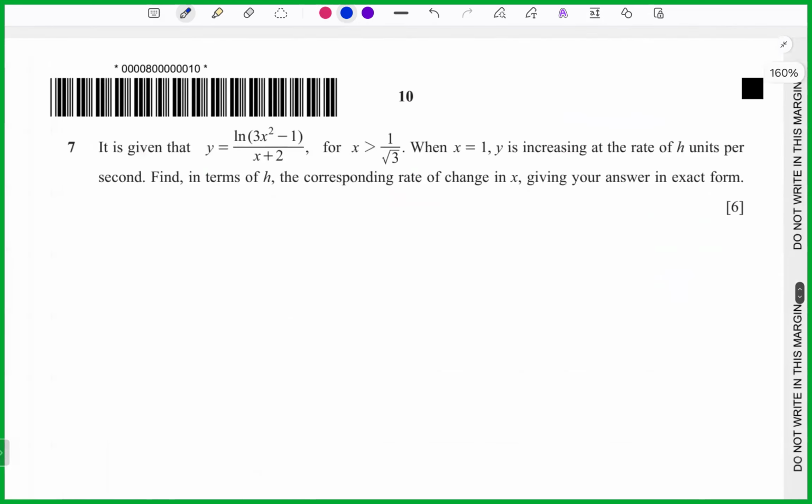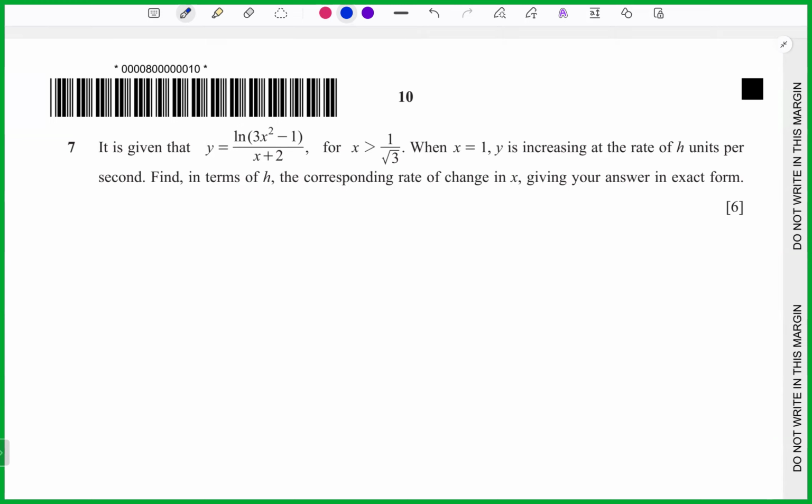Okay, let's look at question 7. It is given that y equals ln bracket (3x squared minus 1) over (x plus 2), for x more than 1 over square root 3. When x equals 1, y is increasing at the rate of h units per second. Find, in terms of h, the corresponding rate of change in x, giving your answer in exact form.